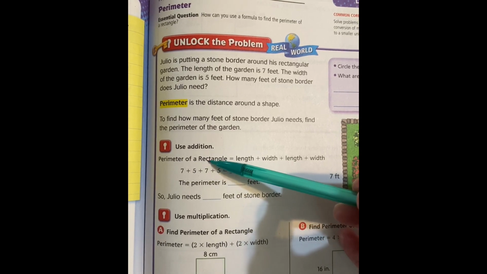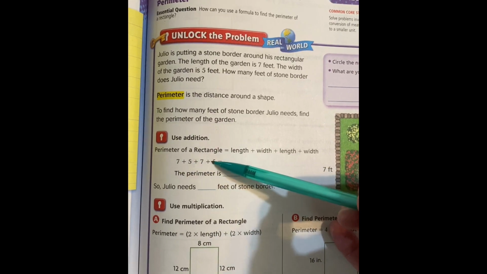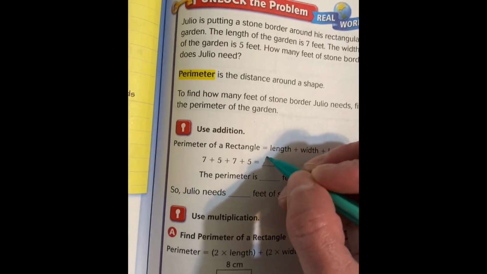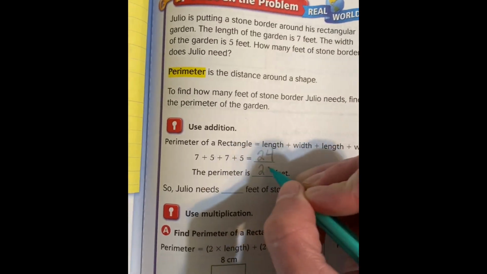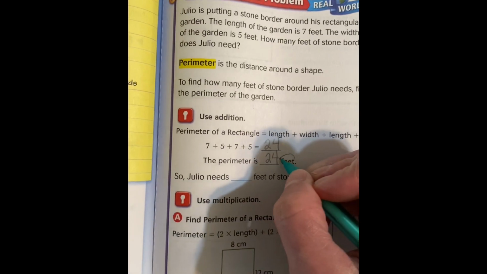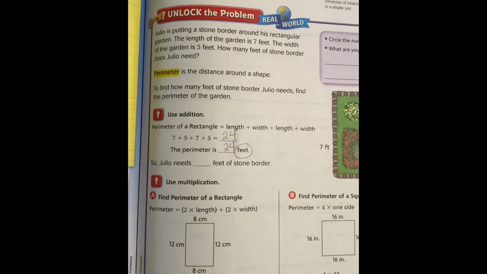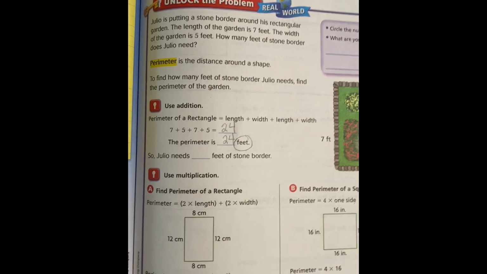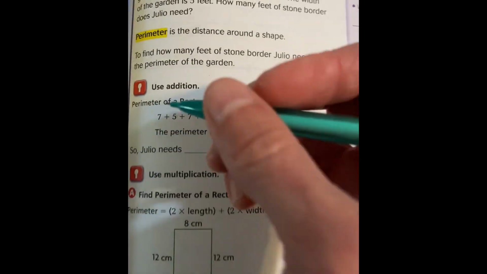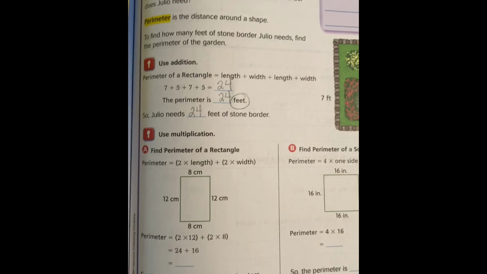I like to think in my head, 5 and 5 is 10, 7 and 7 is 14, 10 and 14 is 24. So the perimeter is 24 feet. Please get into the habit of labeling if it's feet or inches or centimeters, whatever it might be. So Julio would need 24 feet of stone border.